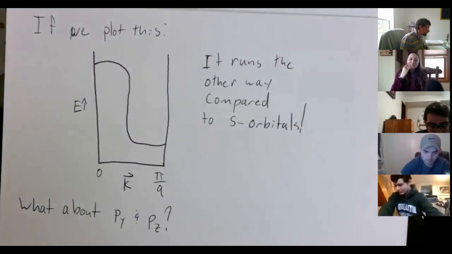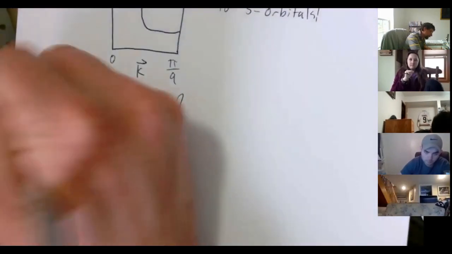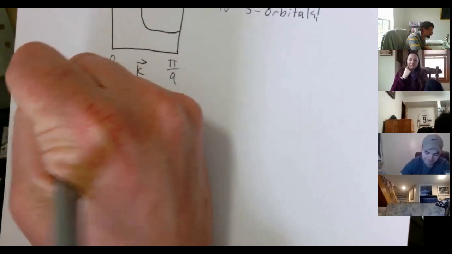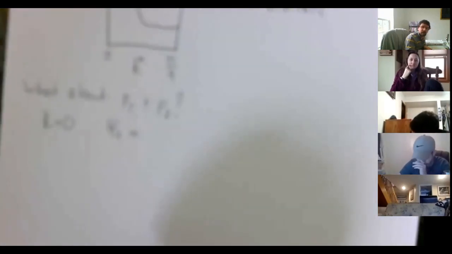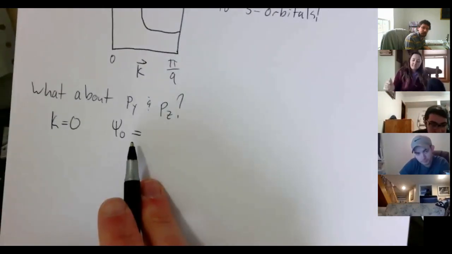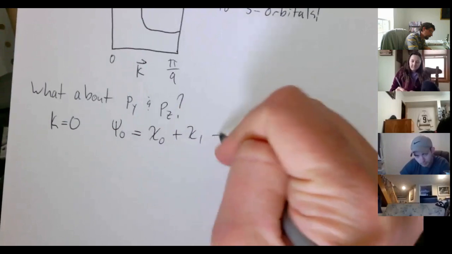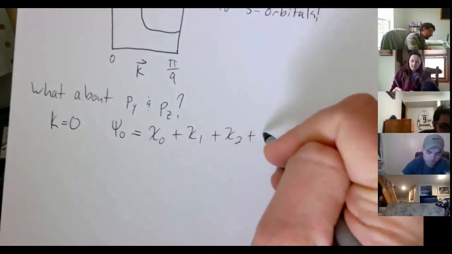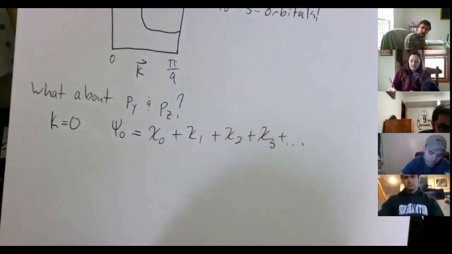Okay, thank you. So now we're going to plot the py and the px. We want to consider those Bloch functions still. So at k equal to 0, we get psi sub 0. And we already said what that Bloch function is going to look like: psi 0 plus psi 1 plus psi 2, and so on. So let's plot that.